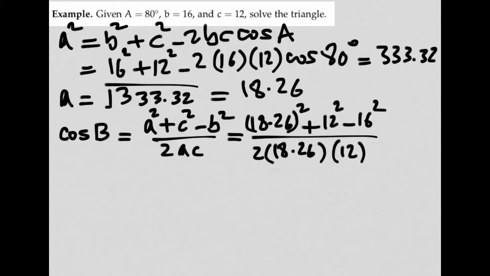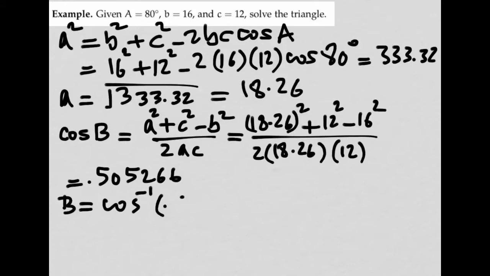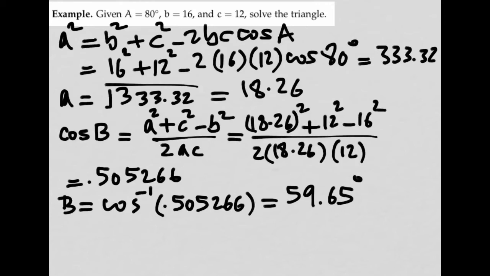And that's equal to 0.505266, which means that B is cosine inverse of 0.505266, and that's equal to 59.65 degrees.